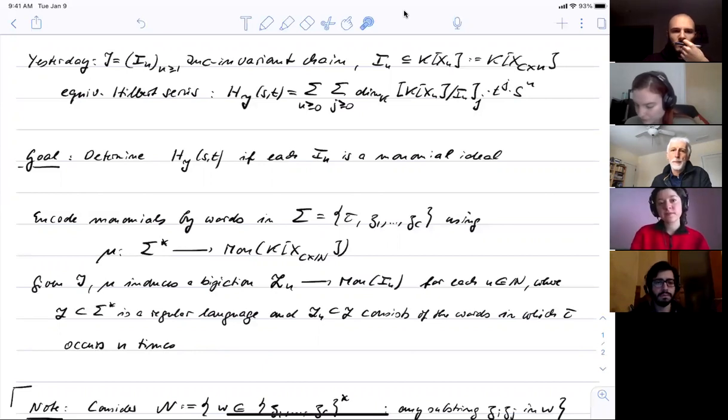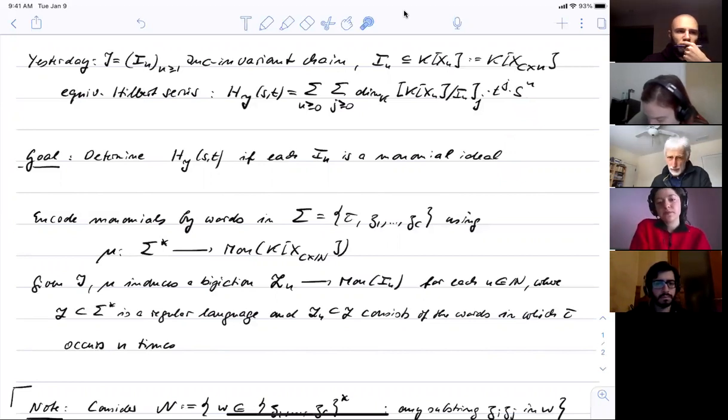I want to illustrate this in the case where all the ideals in a chain are monomial ideals. One can reduce the general case to this situation, but I don't want to talk about this. Once we are in the monomial case, the problem of determining this Hilbert series is really a combinatorial problem.